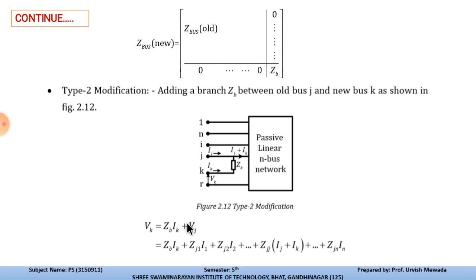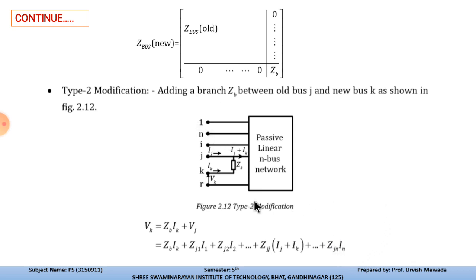So the equation will become Zb Ik plus, starting from the jth line, Zj1 I1, plus Zj2 I2, plus up to Zjj, since at this bus we have connected this line, the current will become Ij plus Ik, and then plus up to Zjn, considering the effect up to the nth bus, where the current of the nth bus is In.